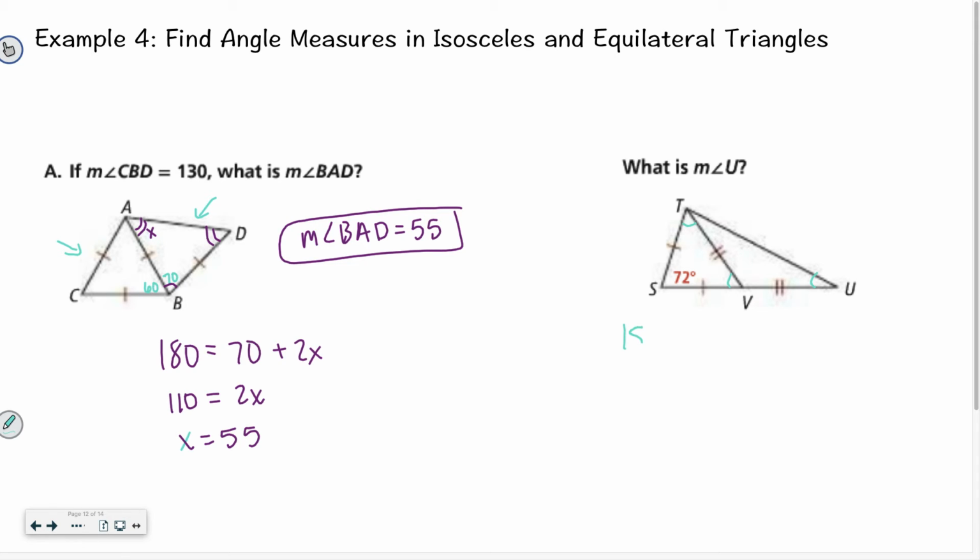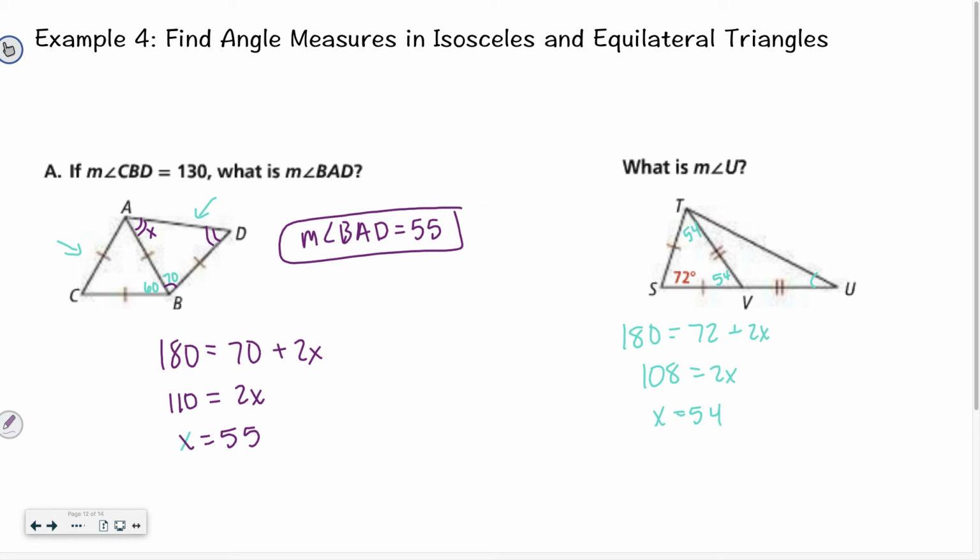So 180 equals 72 plus 2x. 180 minus 72 is going to give me 108 equals 2x. Divided by 2, I'm left with x equals 54. So I know that this angle measure right here is 54, this angle measure right here is 54.